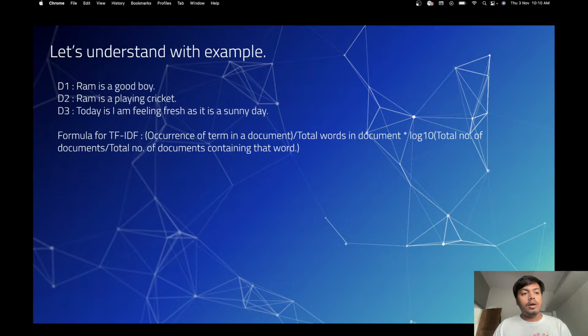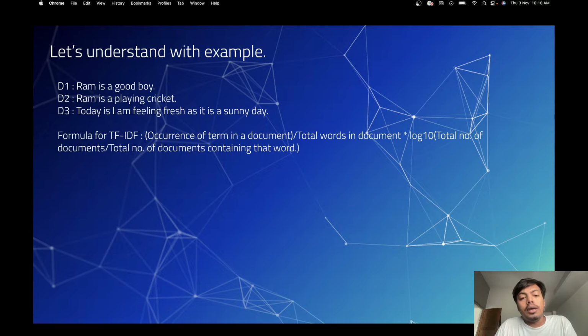Let's keep the example aside a bit. We'll just study the formula first. This first part which you can see is my TF: the occurrence of the term in a document divided by the total number of words in the document. Let's say I want to find the TF value of RAM in D1, my document 1.